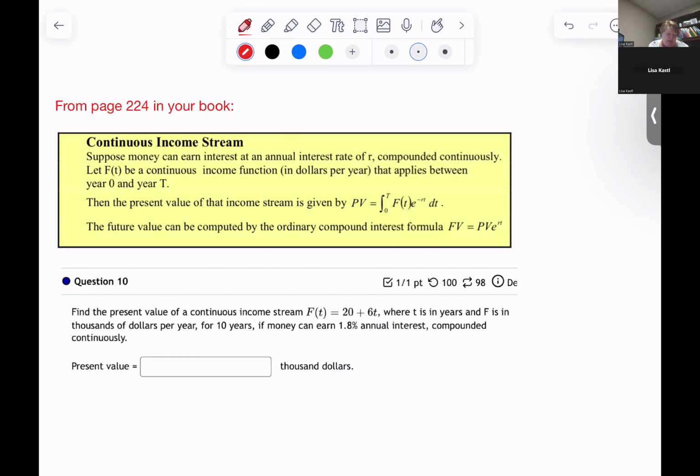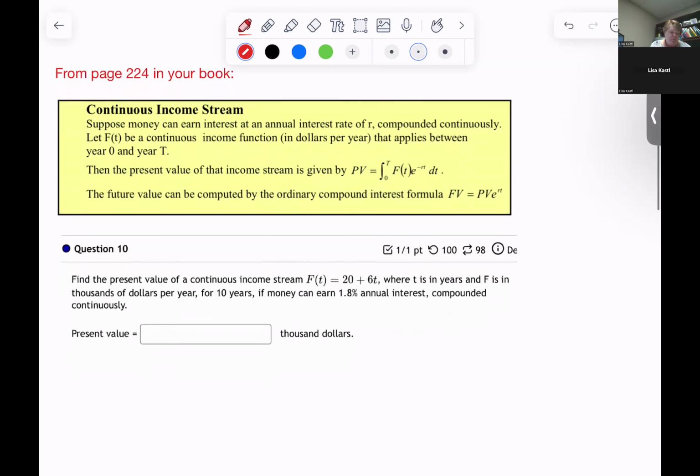Find the present value of a continuous income stream, f of t equals 20 plus 6t, where t is in years and f is in thousands of dollars per year for 10 years. If money can earn 1.8% annual interest compounded continuously.